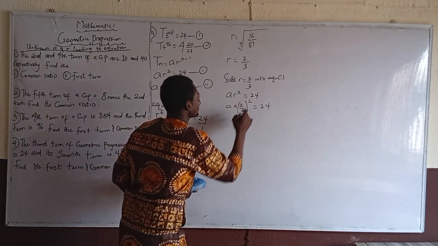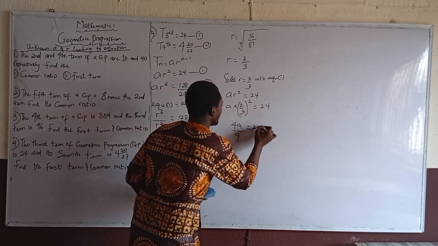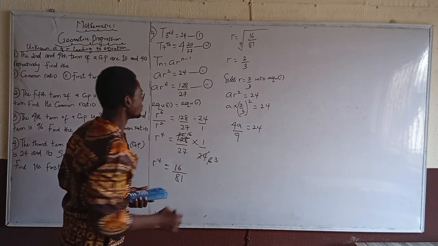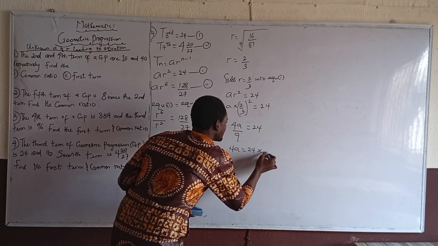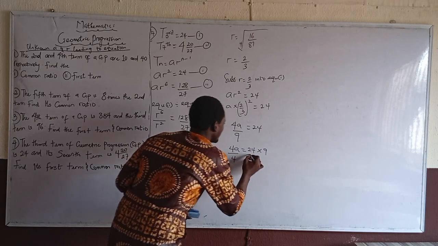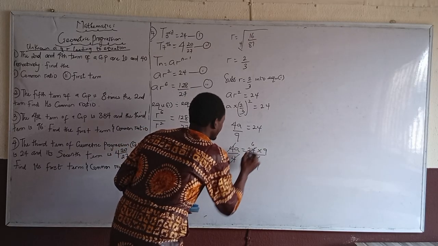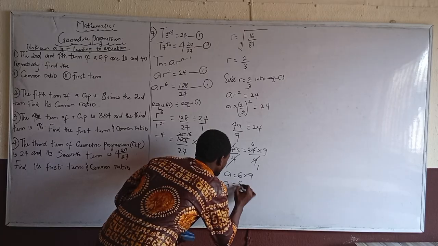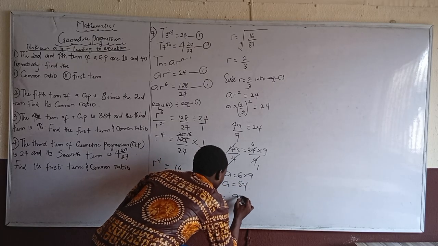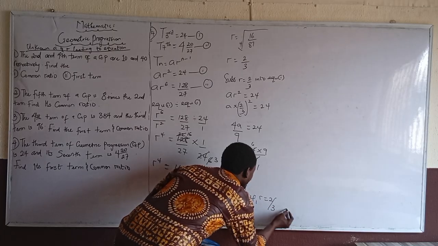So here becomes 4A over 9 equals 24. So 4A equals 24 times 9, divided by 4. 4 will cancel 4. 4 here 1, 4 here 6. So my A is 6 times 9. That is 54. Therefore, A is equal to 54 and R is 2 over 3.